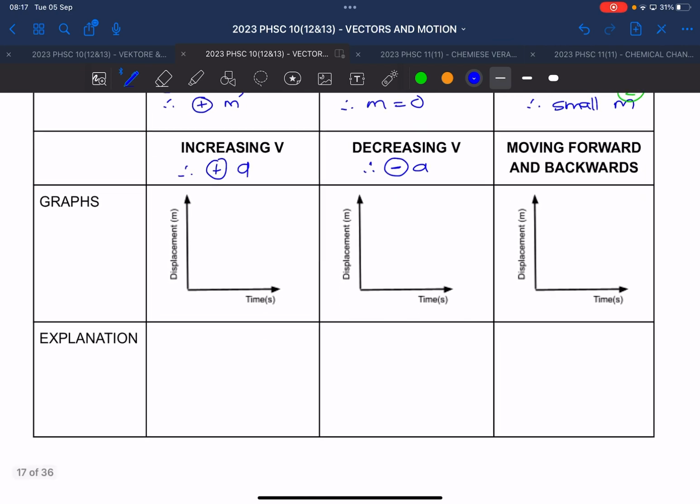Now increasing velocity, the arrow up stands for increasing. Increasing velocity means that you must have an increasing gradient, because the velocity here is represented by the gradient. So it's not a constant gradient, it's an increasing gradient.